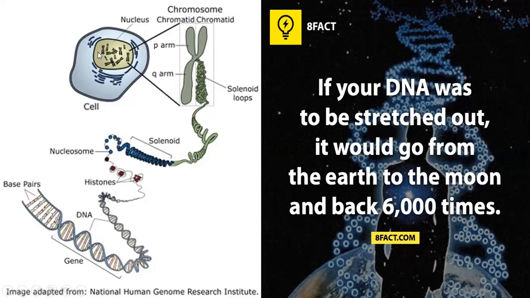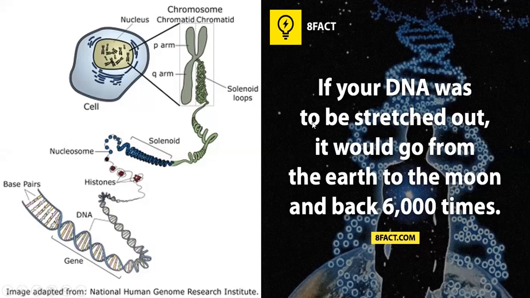Let's say an example: if you stretch the DNA from all the cells of the body out into a single thread, it would span the distance between Earth and Moon almost 6,000 times.